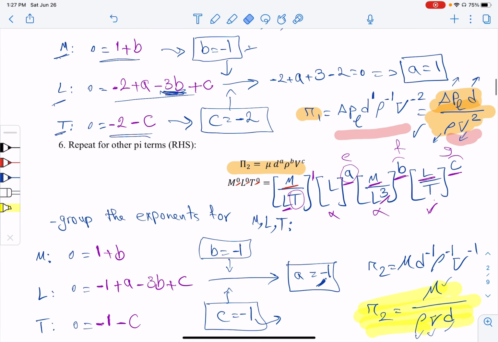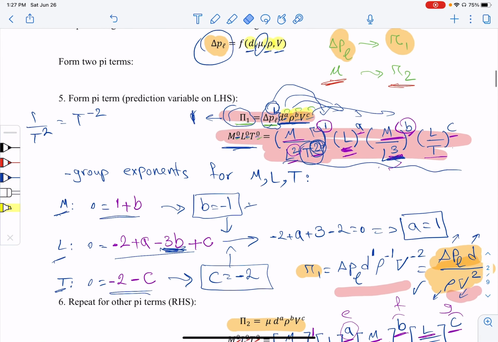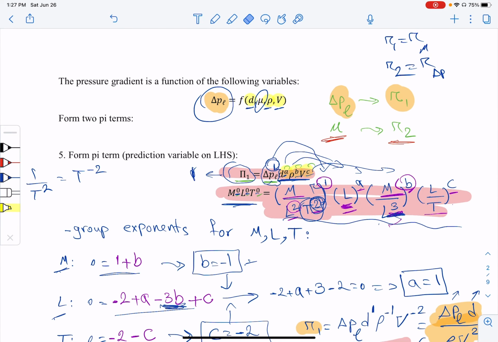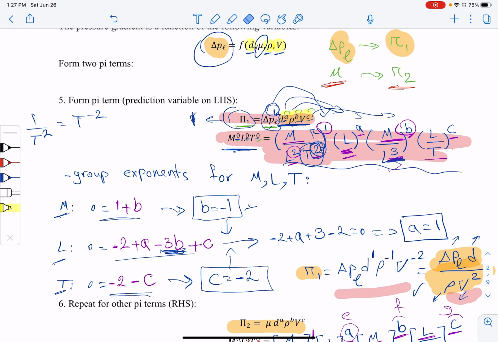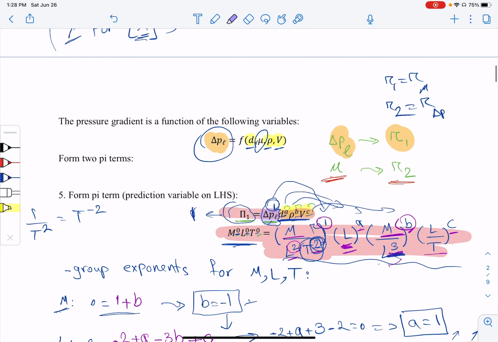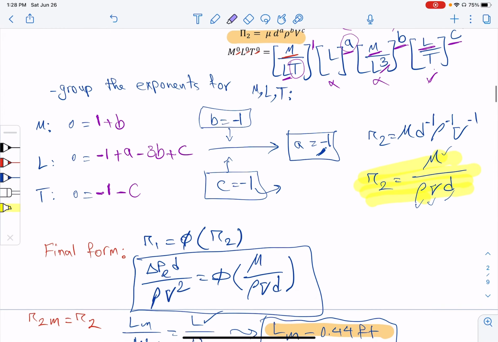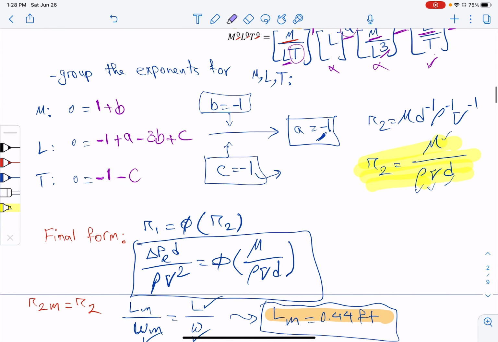So we are going to do that for the other variables that are not repeating. We did that right now for del p, right? And now what else do we have? We have the viscosity. So now we need to do it again for viscosity and then get the formula.